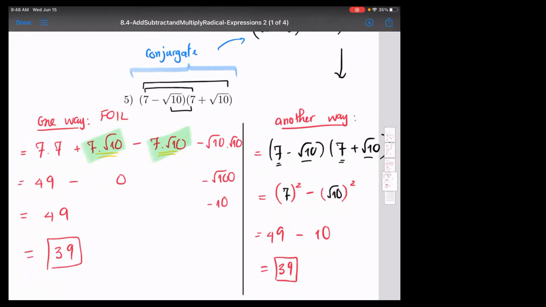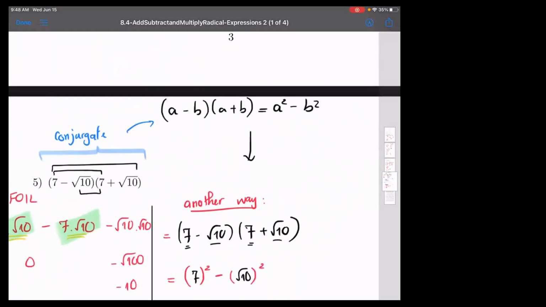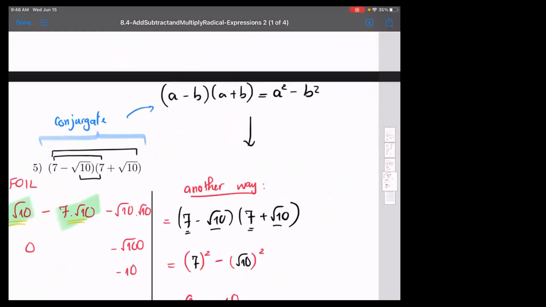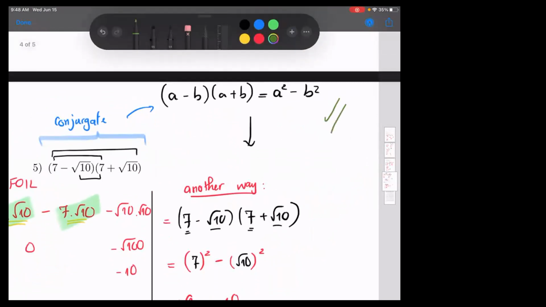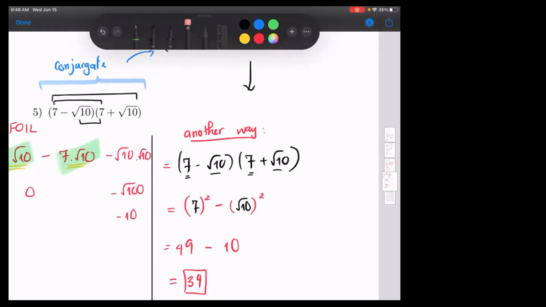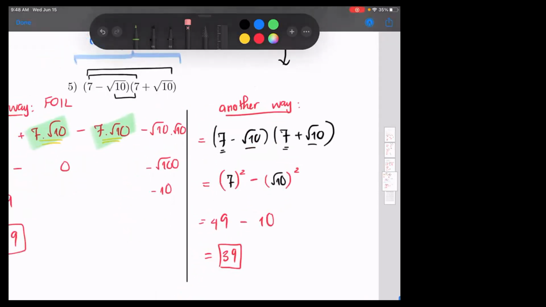Another way is the difference of two squares: a minus b times a plus b equals a squared minus b squared. I like this one. I don't know about you. It's short and less likely to make mistakes. So what's a here? A will be your 7. B will be your root 10, right? You square them, subtract them, and you get the same answer.